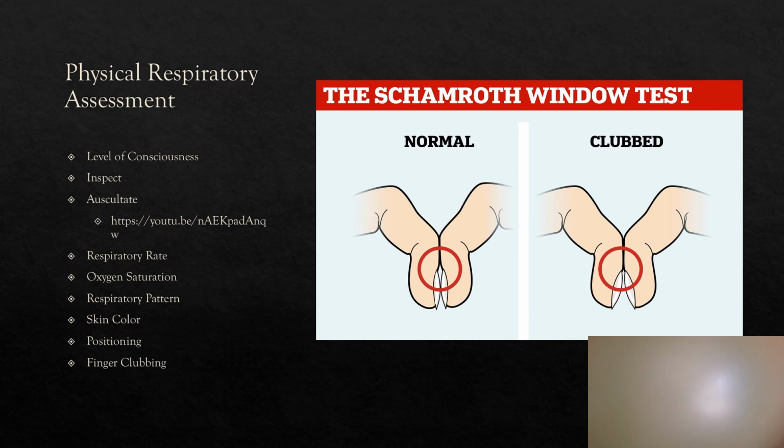Do we see them using the accessory muscles, so the stomach muscles or the muscles in between the ribs, to breathe? If we do, then that means maybe they're having some problems with their respiratory system. We also look at skin color.